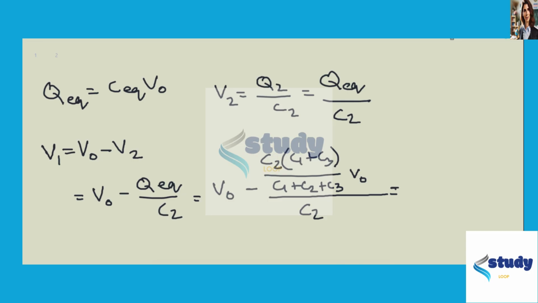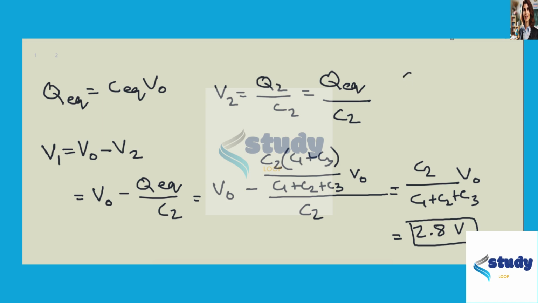If we solve for it, we'll get C2 divided by C1 plus C2 plus C3 times V naught. We know all the values that are given, and we should get something like 2.8 volts.